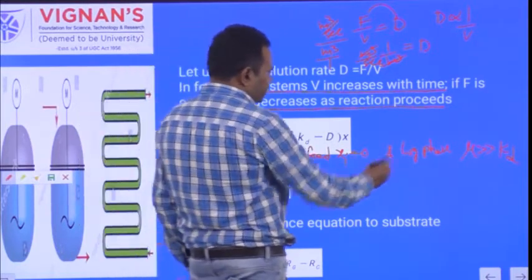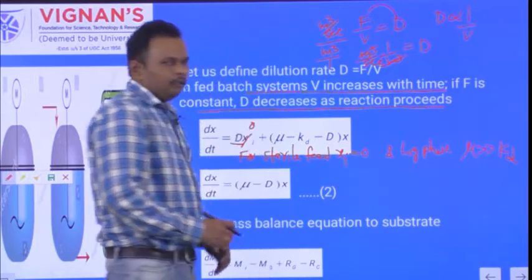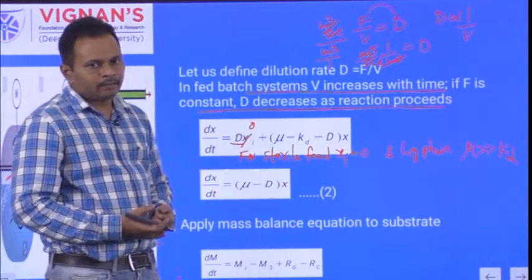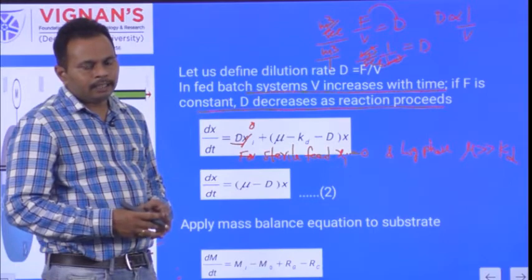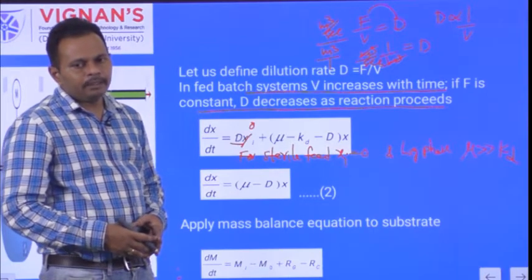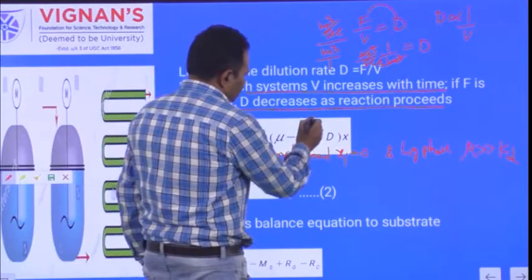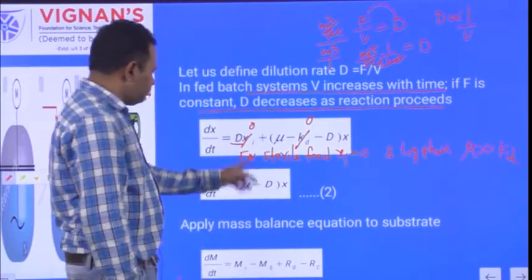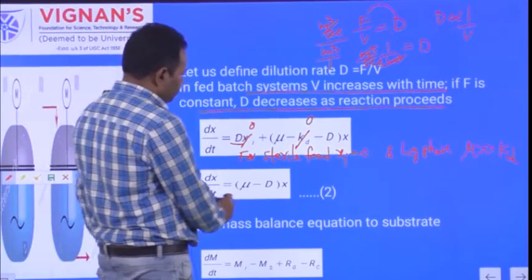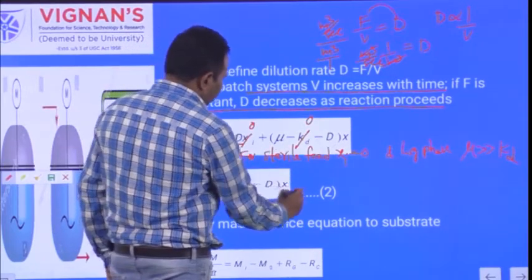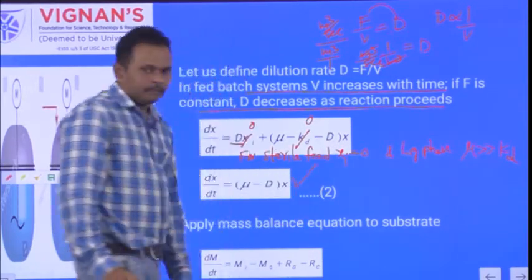Again, during the log phase the growth is maximum, so mu is very high compared to the kd value. When compared to mu, you can neglect kd, so you can make kd equal to 0. Then this equation becomes dx/dt is equal to (mu minus D) into x. This is the second equation.